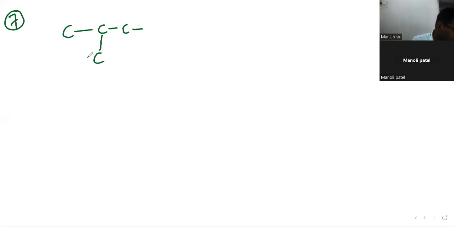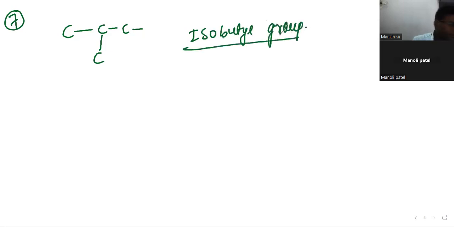So iso means one, right? Isobutyl group. Iso means one and a methyl group is present in the side chain and thus the structure should be isobutyl. So this is the isobutyl structure.